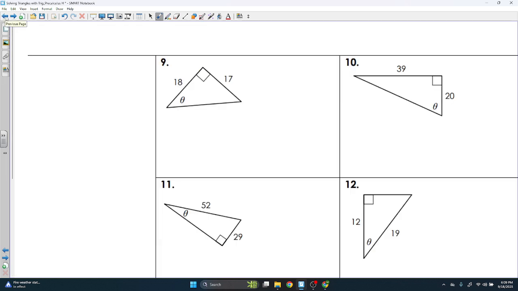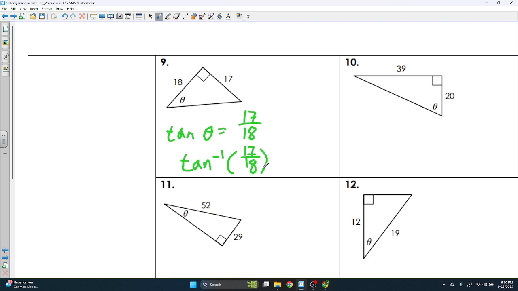Let's look at this one. So this is going to be opposite over adjacent. Tangent of theta equals the opposite over the adjacent, and we have no hypotenuse. So what we need is to arctan this, but I'll write the notation.